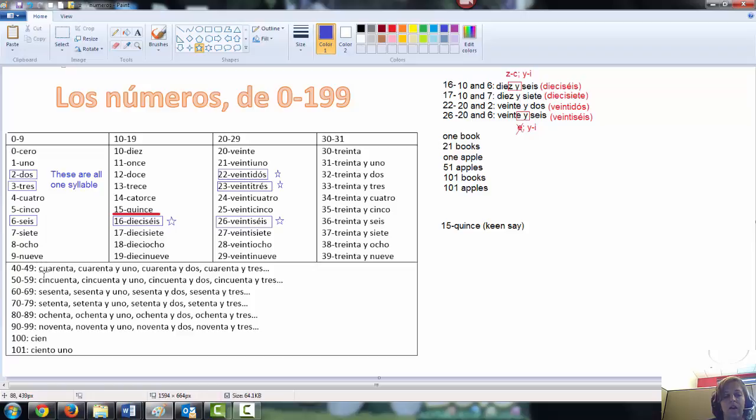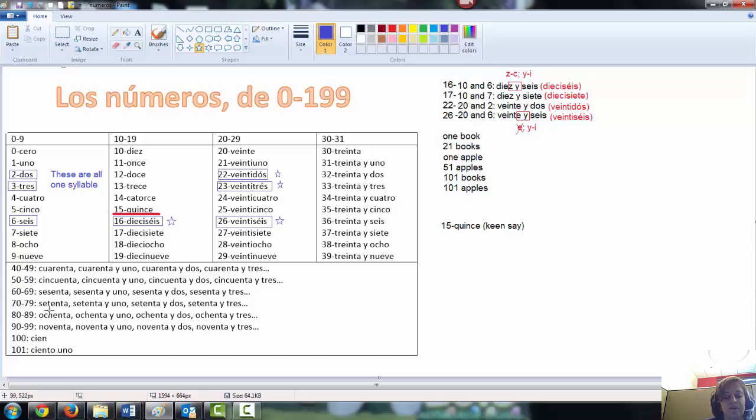So there's 40, which is cuarenta, and then it's 40 and 1 for 41, 40 and 2, 42, 40 and 3, 43, and so on. 50 is cincuenta, and so then 51 is 50 and 1, 50 and 2, 52, 50 and 3, 53, 60, 61, 62, 63, which would be 60 and 3, and so on.